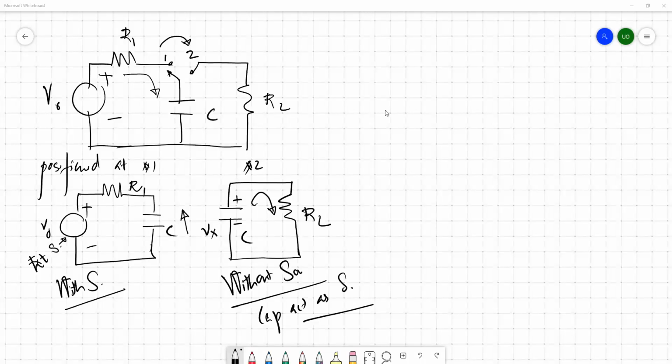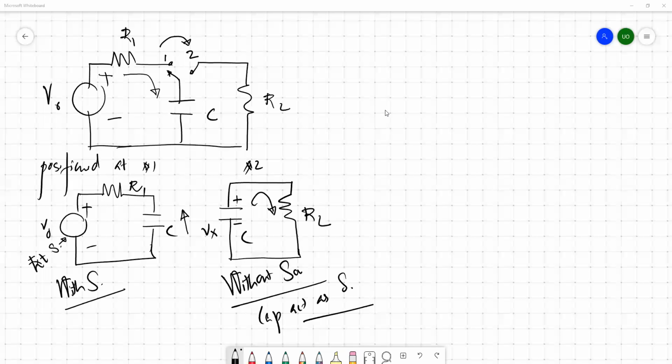Capacitor power is a limited drive. Once you purchase a capacitor, its capacitance indicates how much energy you can store inside the capacitor. So there's a limit definitely.